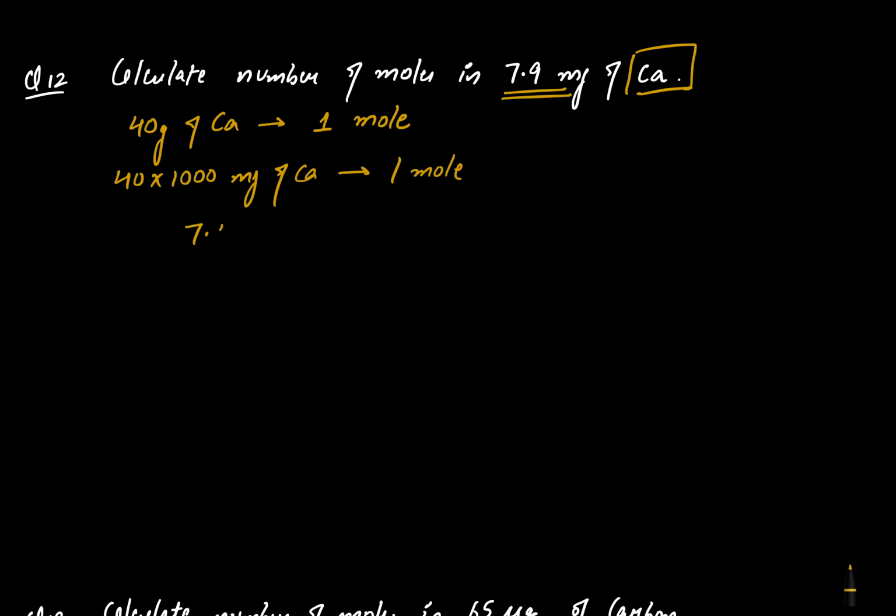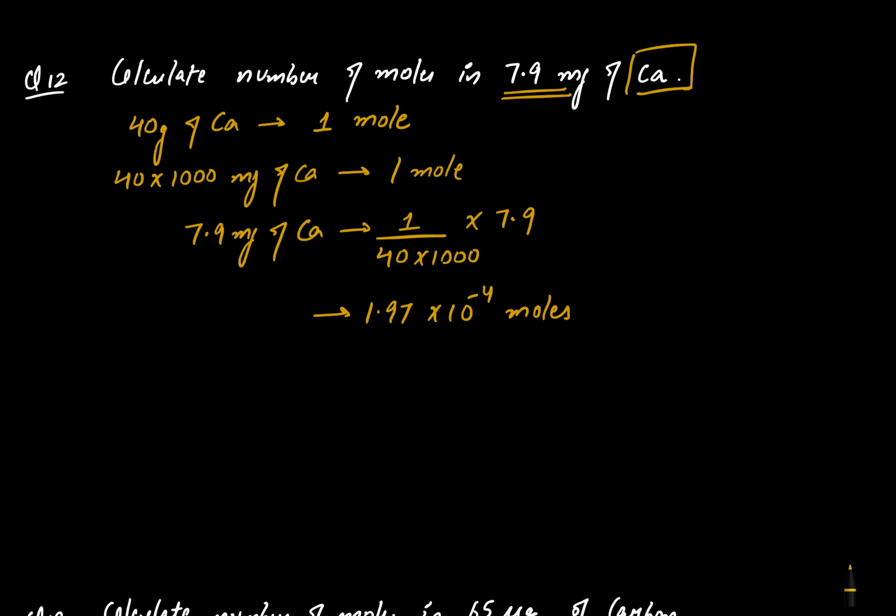Then 7.9 milligrams of calcium will have 1 divided by 40 into 1000 into 7.9, and this comes out to be 1.97 into 10 to the power minus 4 moles. That's my numerical number 12. I hope you got it. I have calculated the number of moles in 7.9 milligram of calcium.